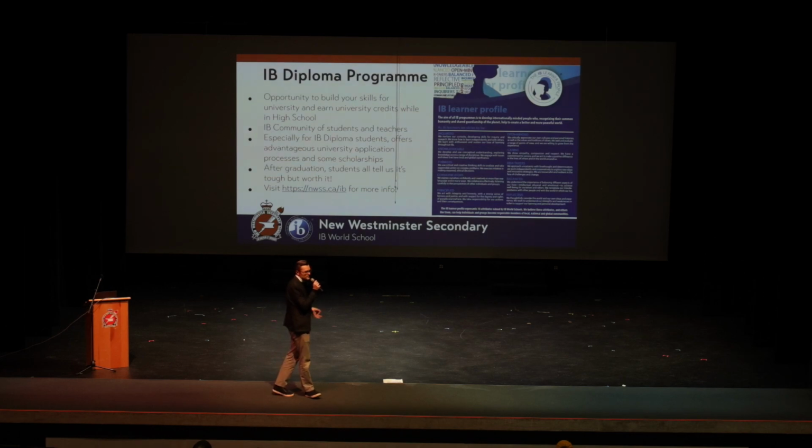All of our IB courses, whether they are higher level or standard level, build in big projects. We call them internal assessments because they're graded by the teachers, and they are based around the kind of work that students will be doing at the university level. In sciences, for example, the internal assessment is a big research project that students design on their own, where they ask the question that they want to research.